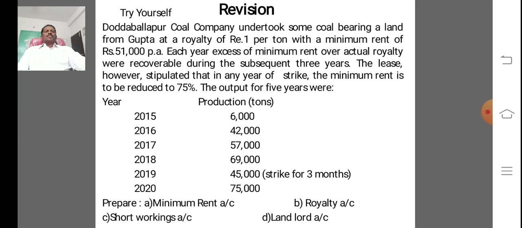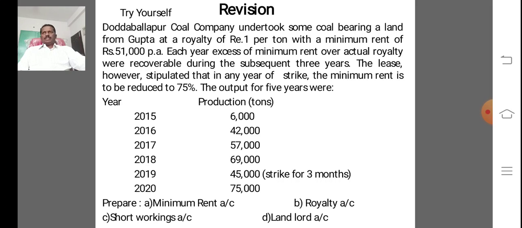The lease, however, stipulated that in any year of strike, the minimum rent is to be reduced to 75%. The output for 5 years were: years 15, 16, 17, 18, 19, 20. Production 6,000, 42,000, 57,000, 69,000, 45,000. In the year 2019, strike for 3 months, and 20, 75,000.